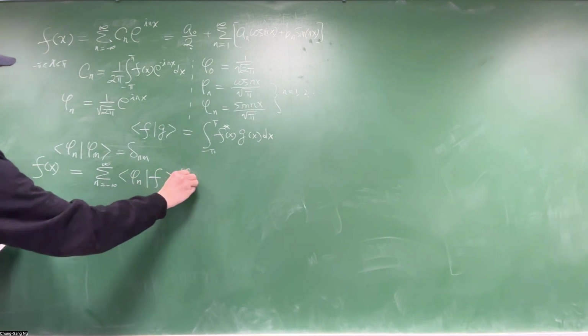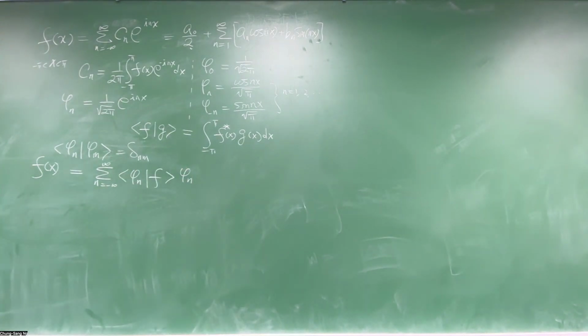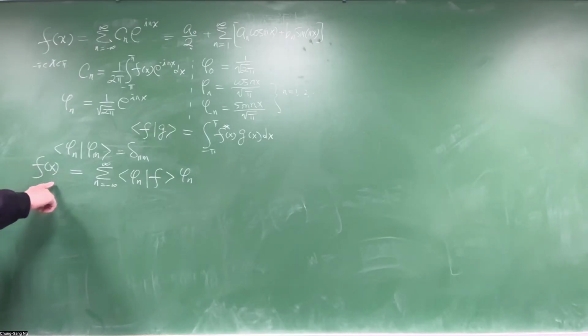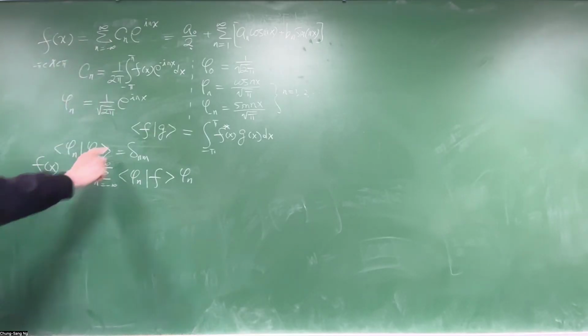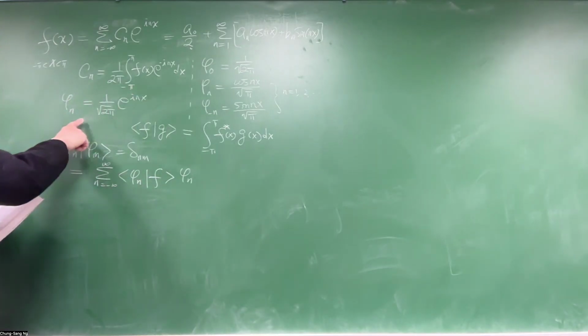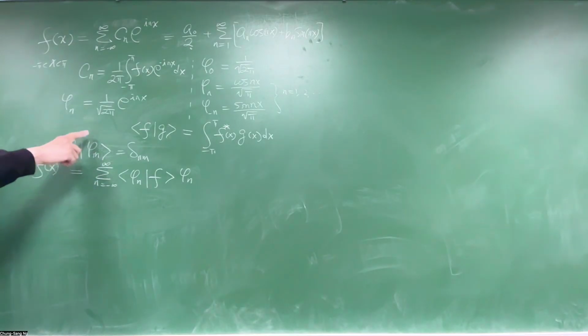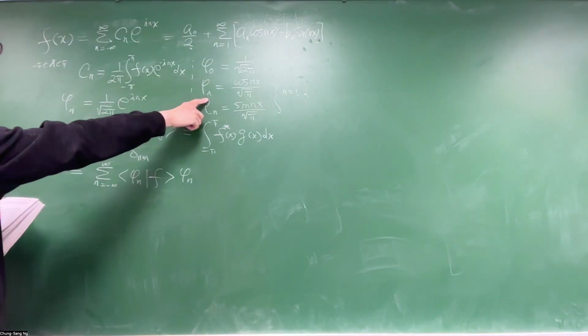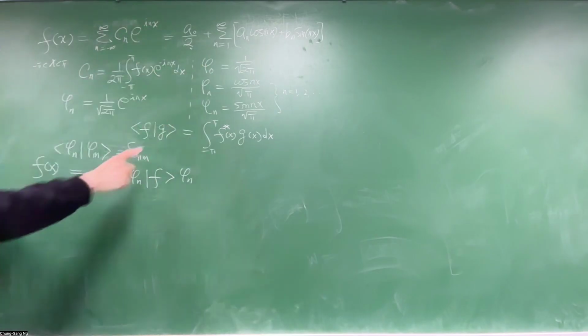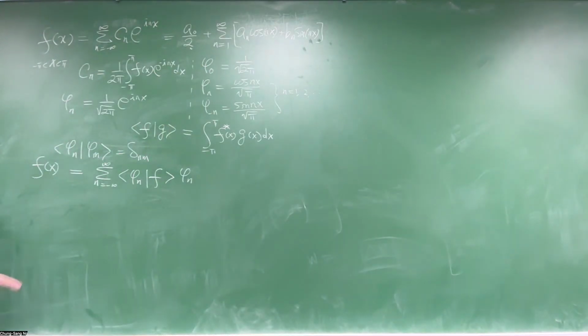Okay. In both cases, this or that, as long as you're using the respective definition of phi sub n, using either this set or that set, you can put either expression as a uniform formula.